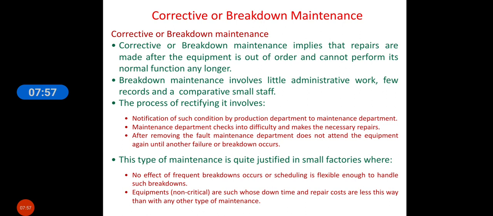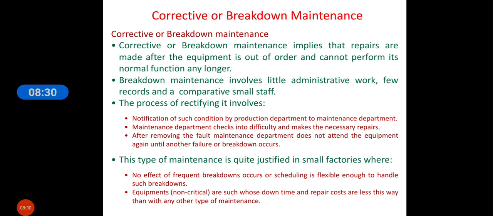Corrective or breakdown maintenance means once your machine is breakdown, now in order to make them in a working condition, you are repairing that particular machine. Okay, breakdown maintenance involves little administrative work, few records and comparatively small staff we required under this, and the process of rectifying involves notification of such condition by production department to maintenance department कि आपकी कोई मशीन ख़राब हुई है तो you have to send the notification.